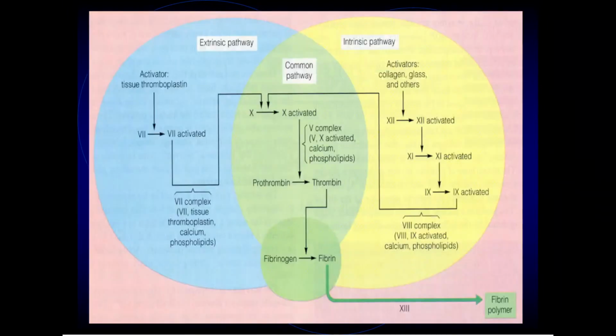Here on this slide, you also may see one more variant of a scheme that presents blood coagulation mechanisms. The blue color shows the coagulatory cascade of the extrinsic mechanism, which finally results in so-called tissue prothrombinase, the factor 10 activated.